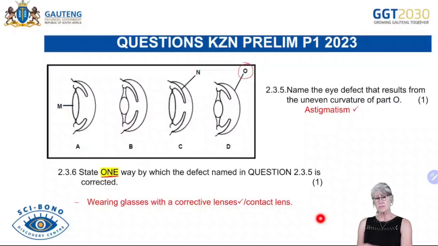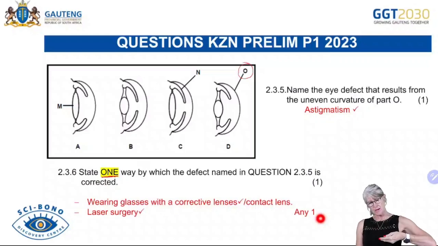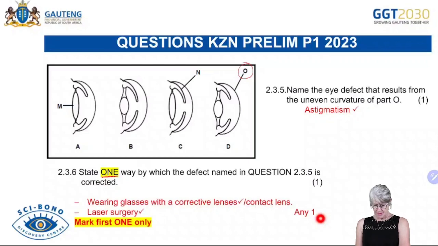It could either be glasses lenses, or it could be contact lenses. Or they can use laser surgery where they shave off the top layers, the uneven layers, and possibly smooth out that cornea. And there again they're only going to mark the first one.